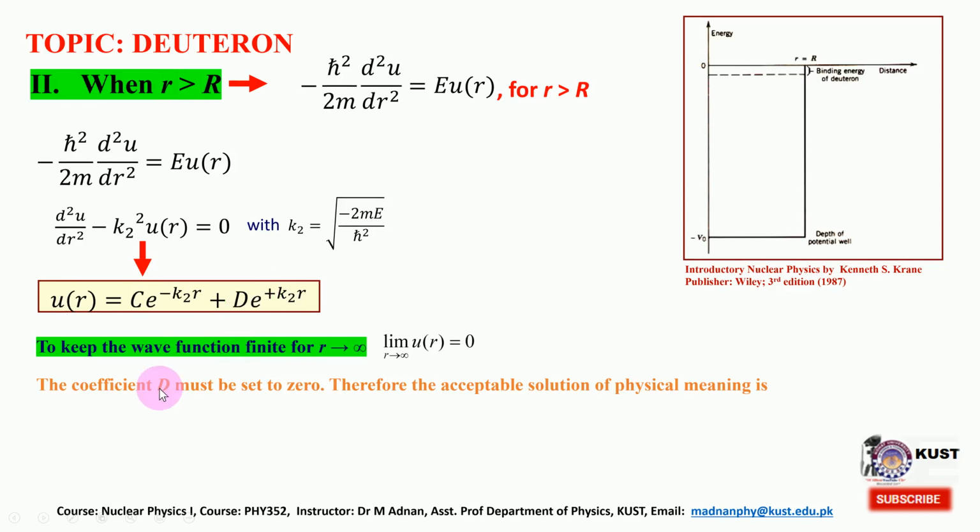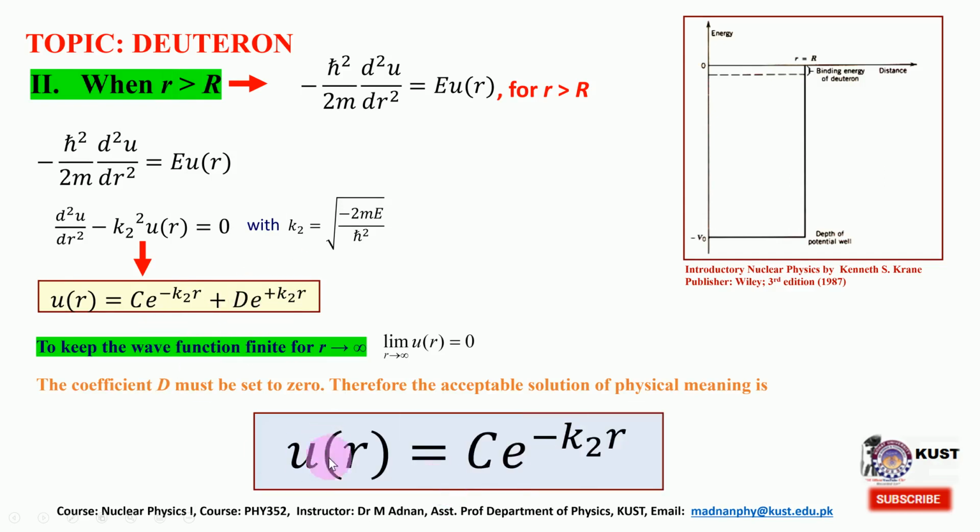So we need to make this D coefficient equal to 0, so that the physically acceptable solution will be like this. So in order to make the wave function finite, this part is not physical, because when R is very large, this term is going to be very large.